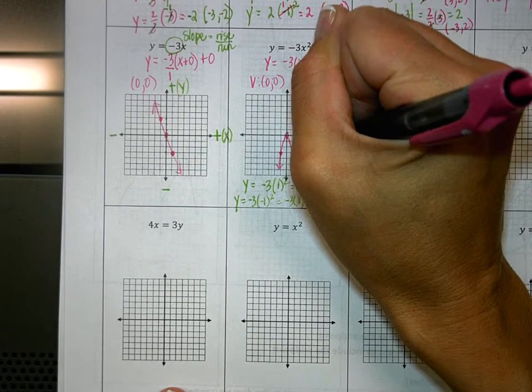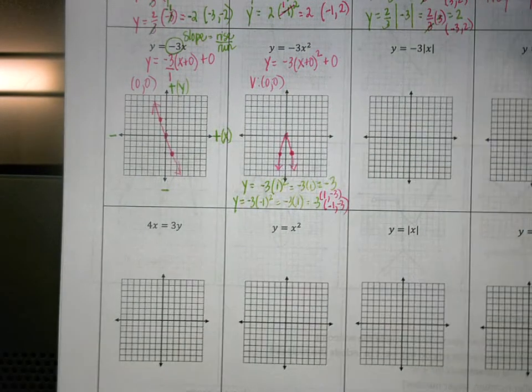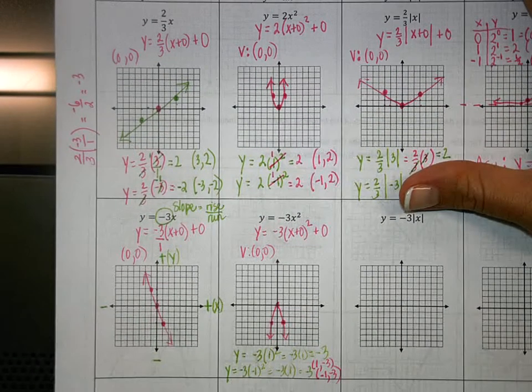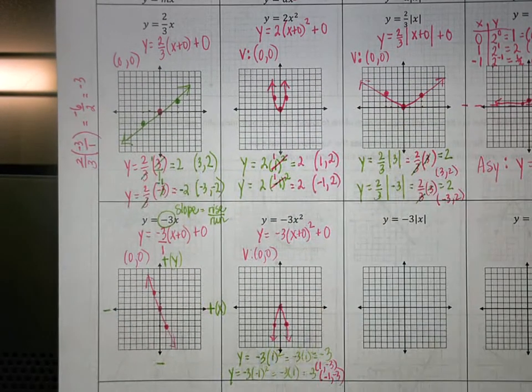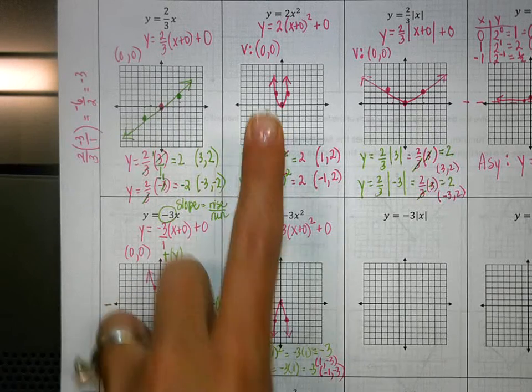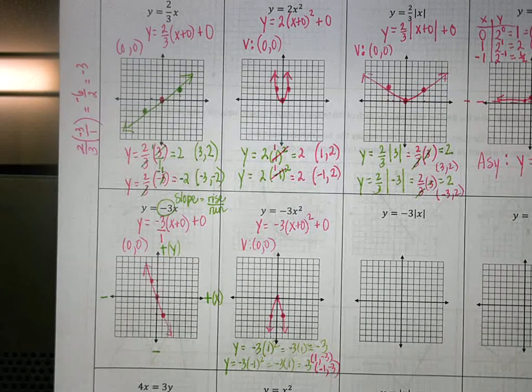Now what do you notice? What is the difference between the top graph right here and the bottom graph right here? What are some differences? Good, and the positive graphs curve up and the negative graphs curve down. Good. Okay, we are going to actually stop there.